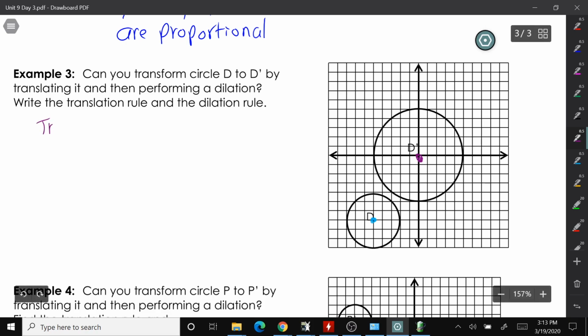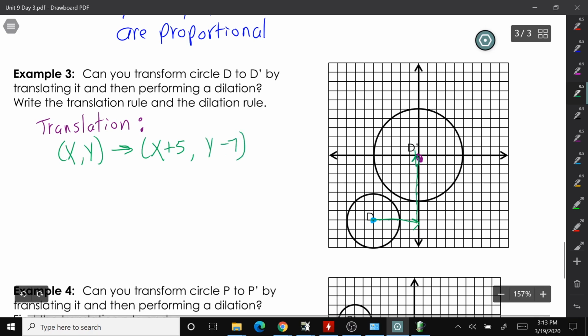For the translation, we take the x value and go 1, 2, 3, 4, 5 right. So x plus 5, comma, how far up do we go? 1, 2, 3, 4, 5, 6, 7. So y plus 7. So that's our translation rule.